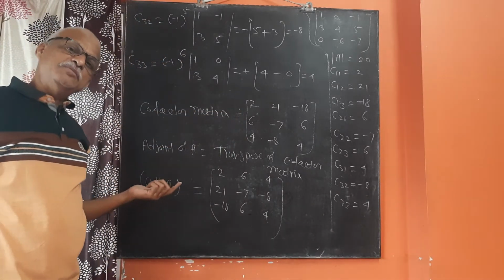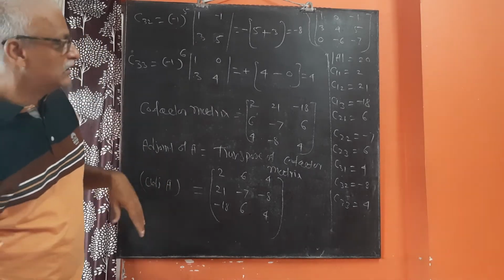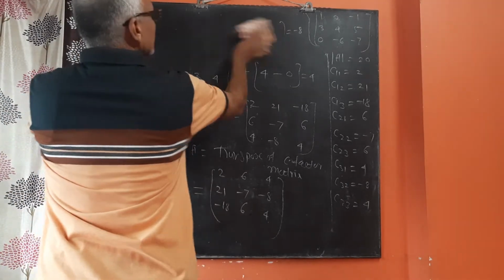Sometimes in the exam they may ask only up to the adjoint. Sometimes they may ask only the inverse. Then after the adjoint comes the inverse. What is the inverse?